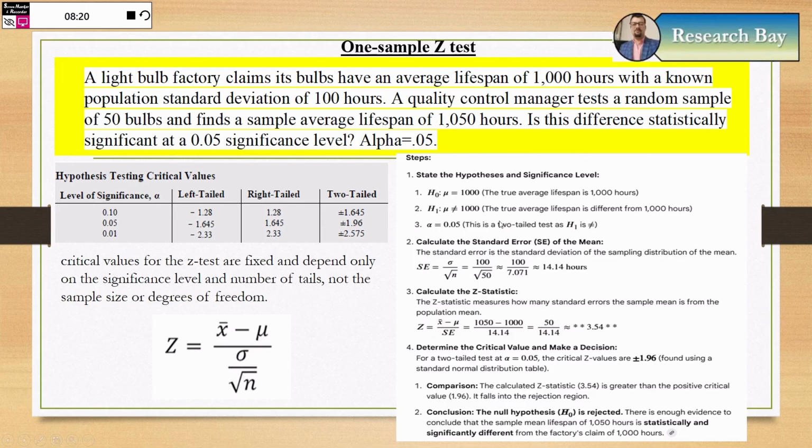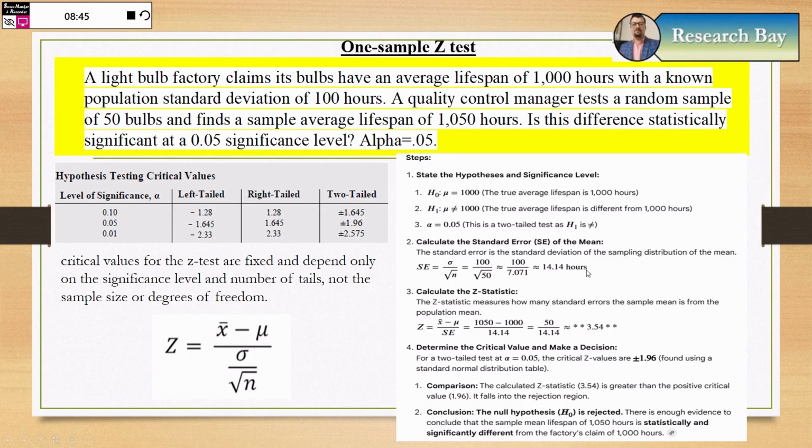Now, to calculate this one which you see, sigma divided by under root of sample size is also known as standard error of the mean. So you can compute it by putting the standard deviation value of 100. You see here standard deviation of 100 hours divided by the under root of sample size, that is 50 bulbs.